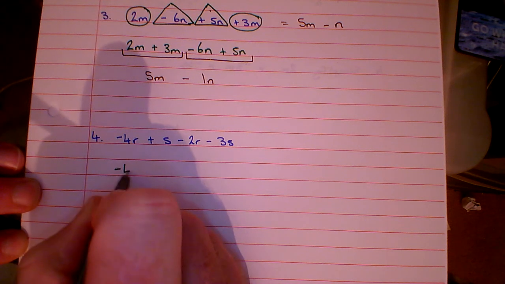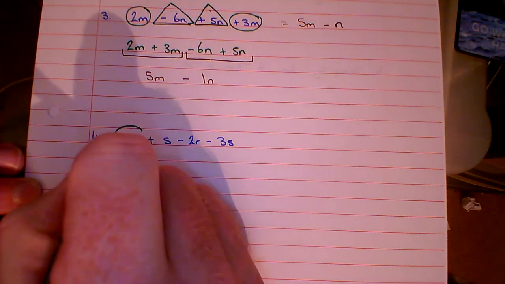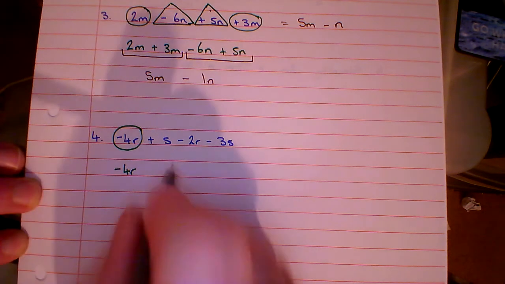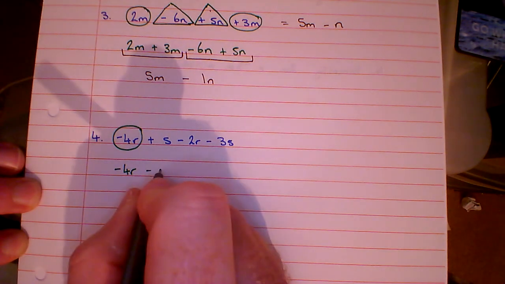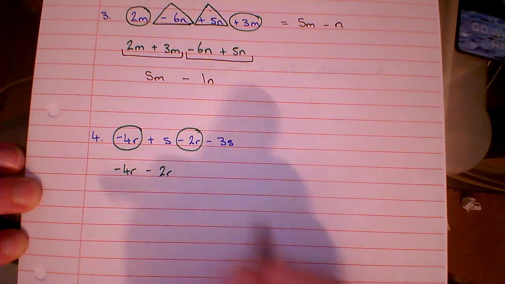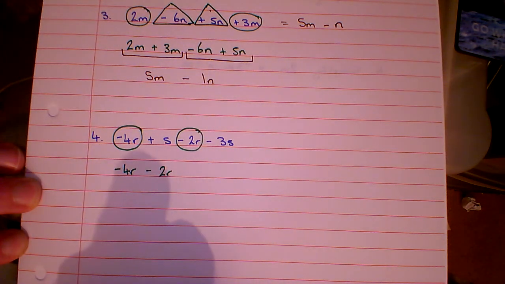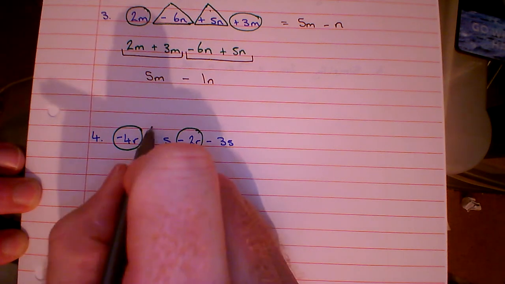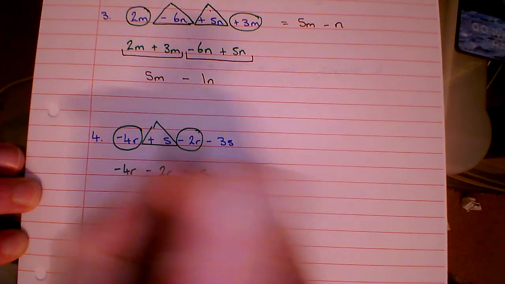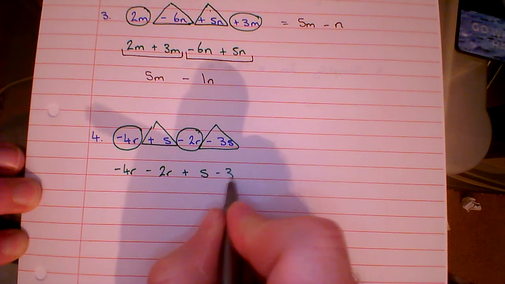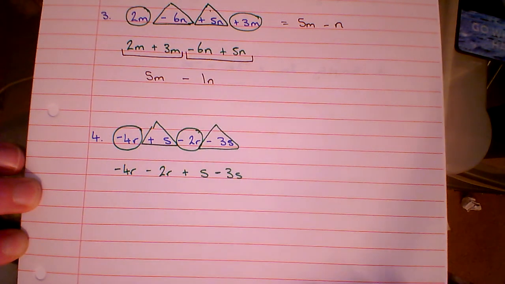So I've got negative 4R, or negative 4 Rolos, take away another 2 Rolos, plus a Smartie, and then take away 3 Smarties.